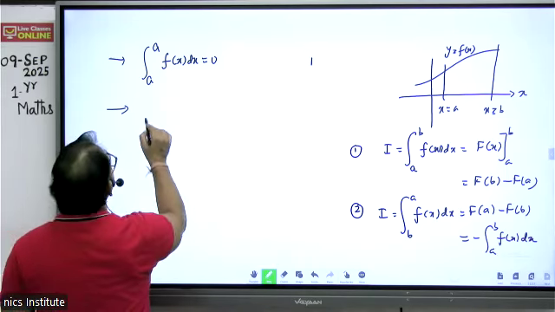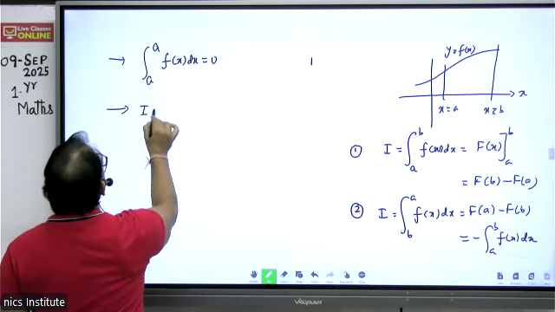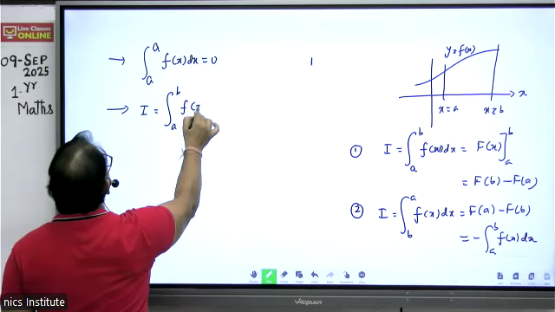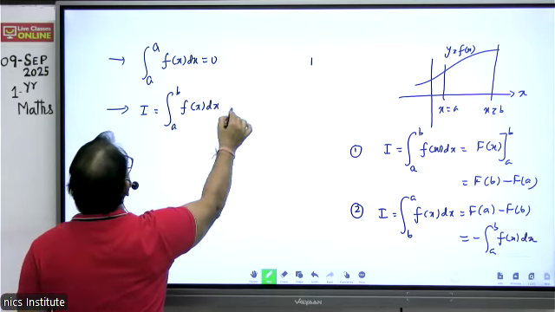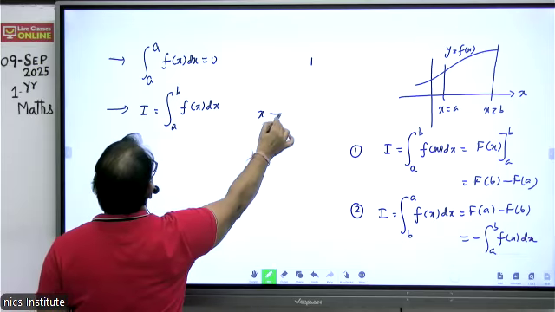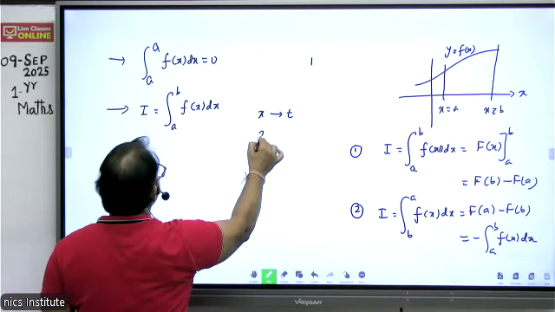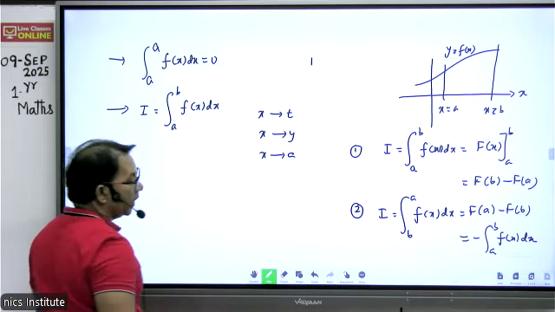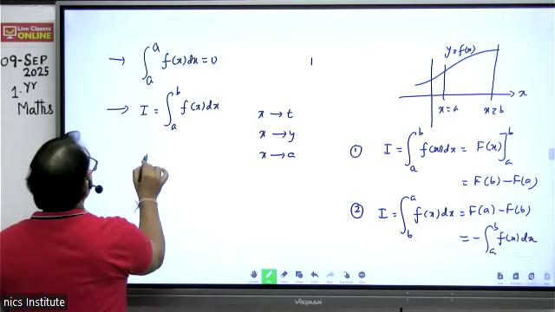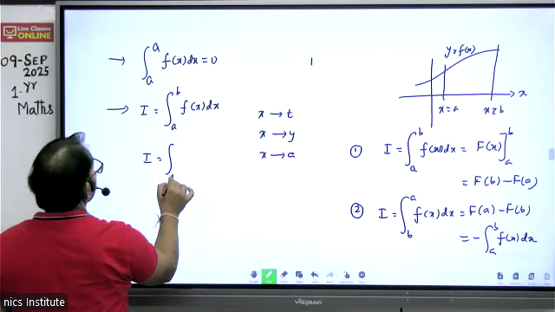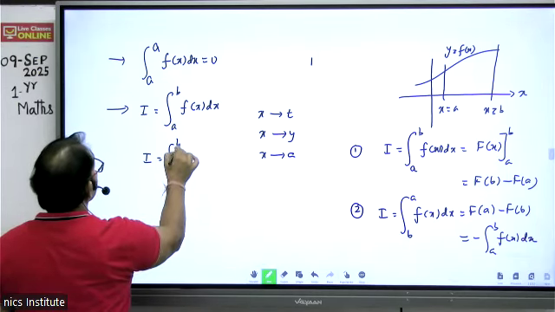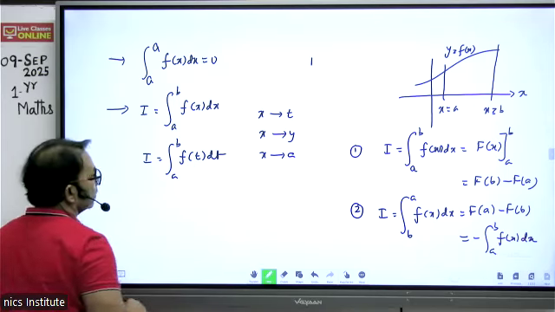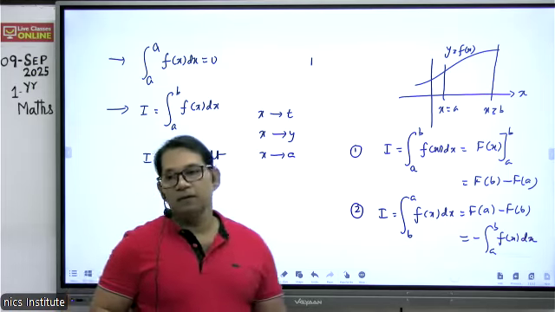Then, if you have some integral a to b f of x dx, we can always change the variable. I can write x as t, I can write x as y, I can write x as a, whatever variable you want to take. If you change the variable everywhere, then nothing happens to the integral.